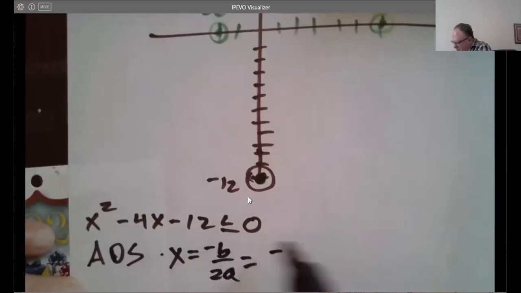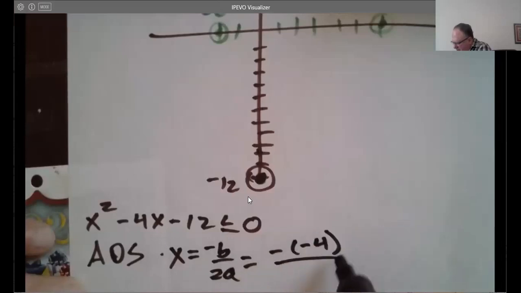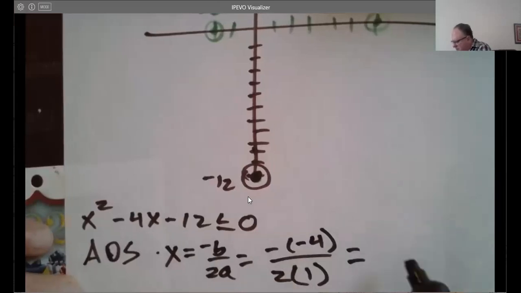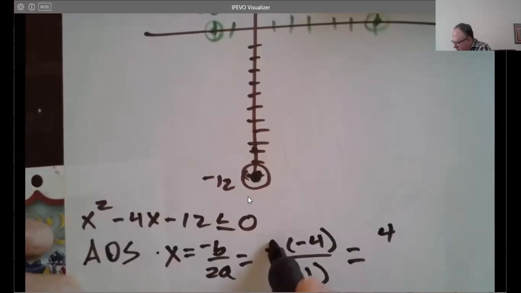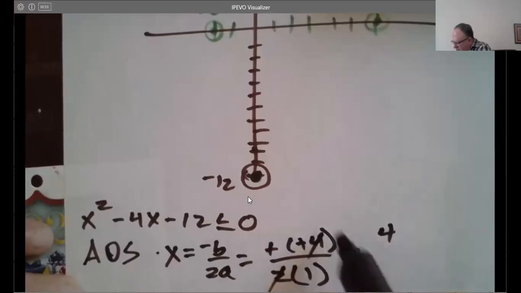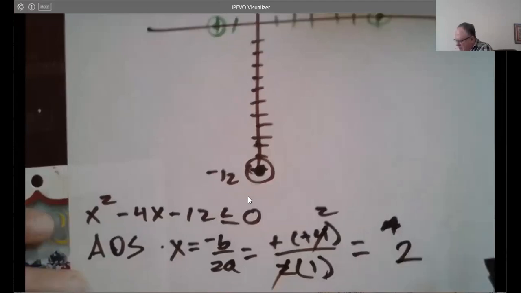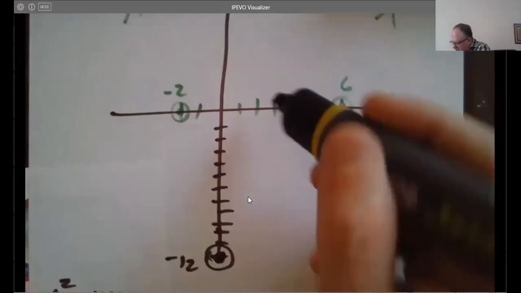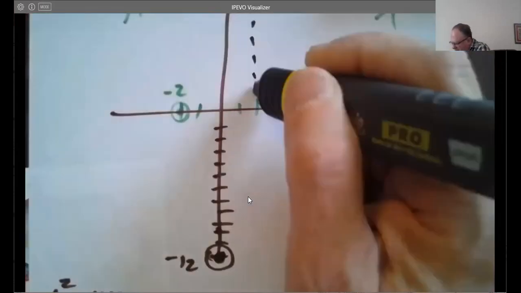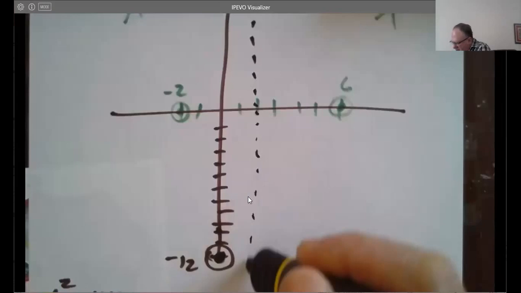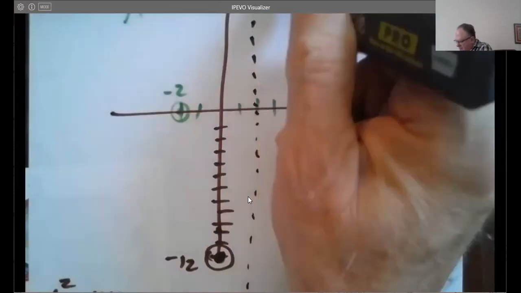Where b is negative 4, so that'll be minus a negative 4, over 2 times a, which is 1. So minus a negative 4 is a positive, right? And 2 can go into 4, that's 2 times. So 4 over 2 is 2. So the axis of symmetry is at x equal to 2.